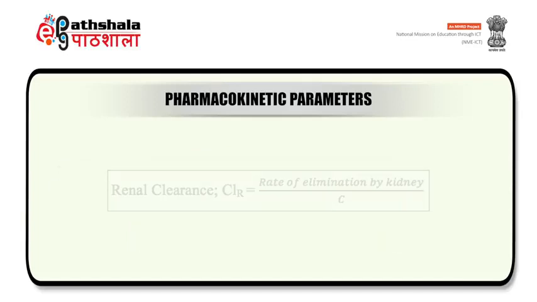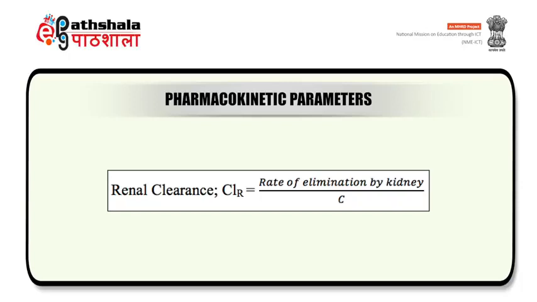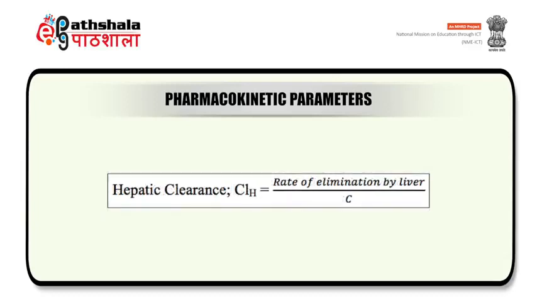passing through it. Hence, renal clearance is given in the form of CLR, which is rate of elimination by kidney divided by the concentration of drug. Similarly, hepatic clearance is shown by the term CLH, which is rate of elimination by liver divided by plasma concentration.